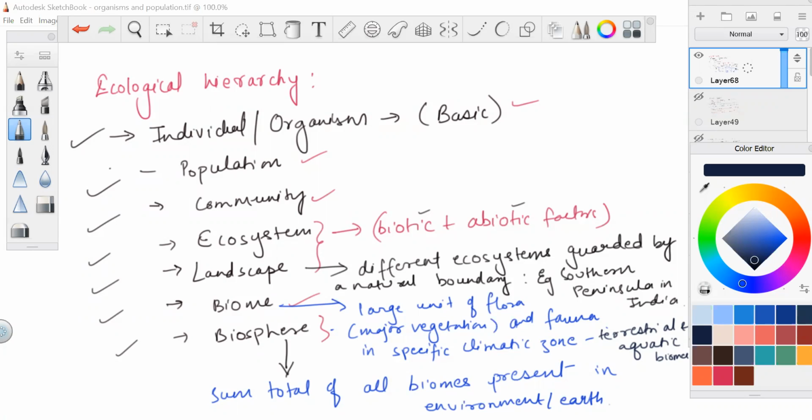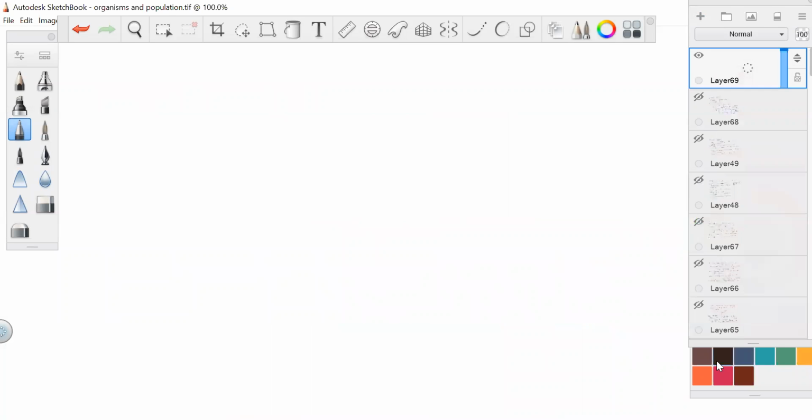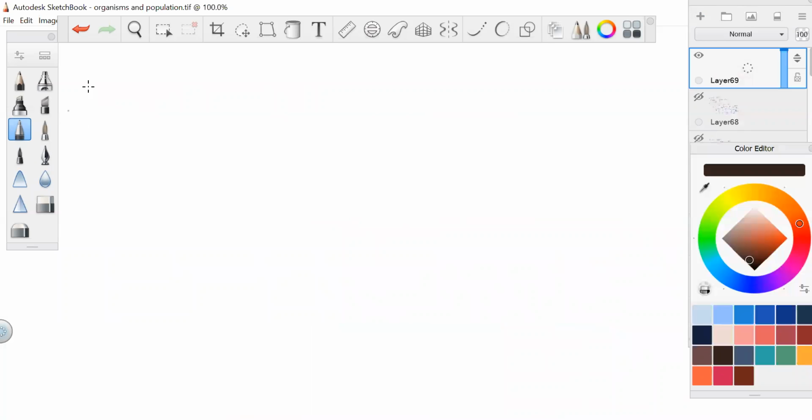What are the major biomes on Earth, students? Major biomes on Earth. Name them.